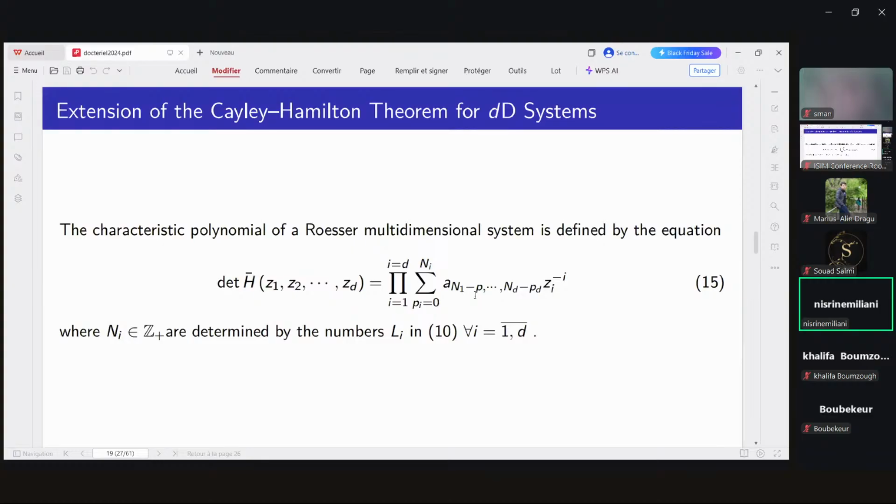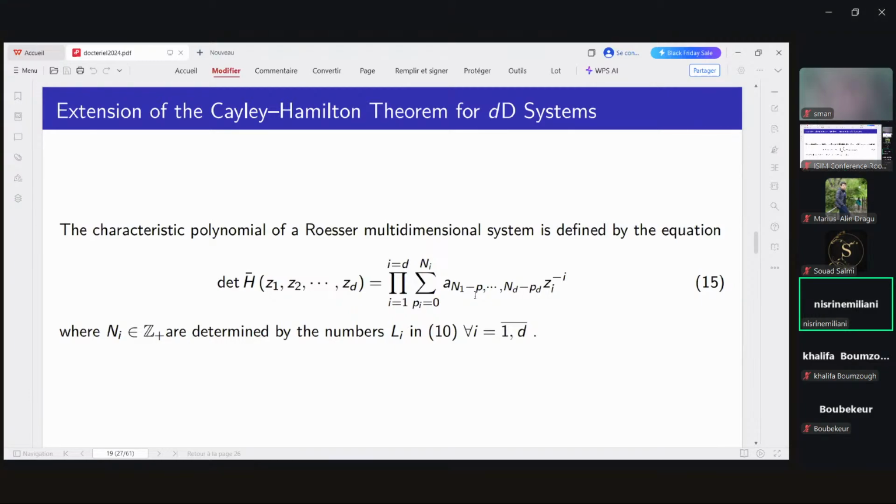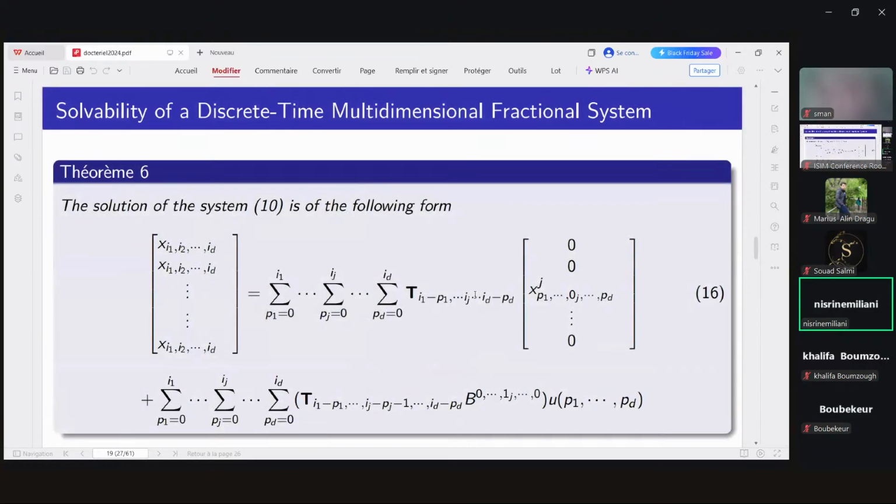The characteristic polynomial of a Roesser multidimensional system is defined by this equation, where the coefficients in Z are determined by the number. Now we present our results.